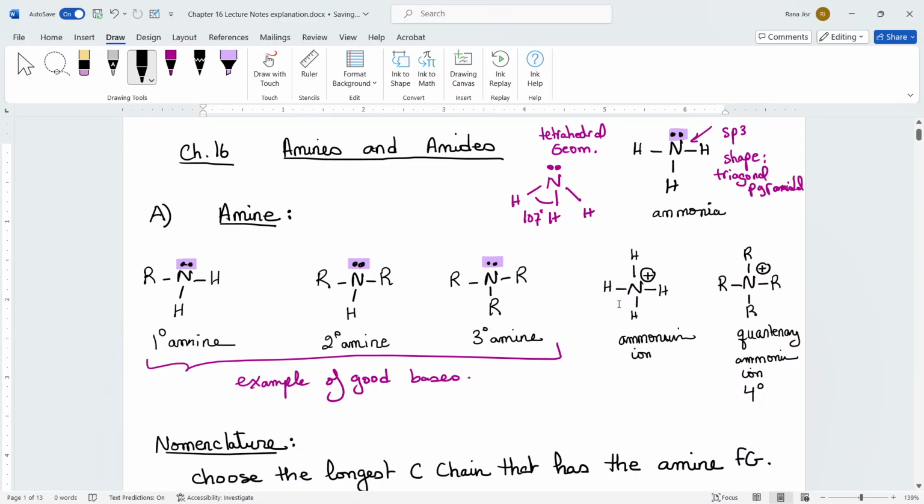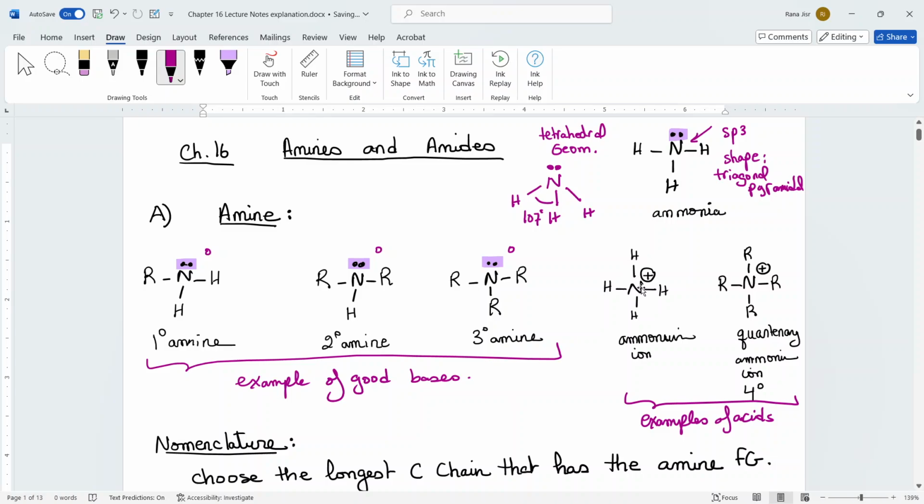Okay. Now, these 2 examples of nitrogens with a positive charge are considered to be examples of acids. So as you can see, by changing the formal charge on the nitrogen, when nitrogen has 3 bonds and the lone pair, the formal charge is 0.